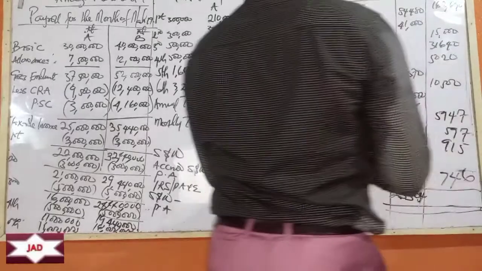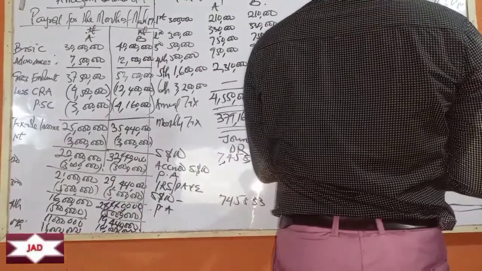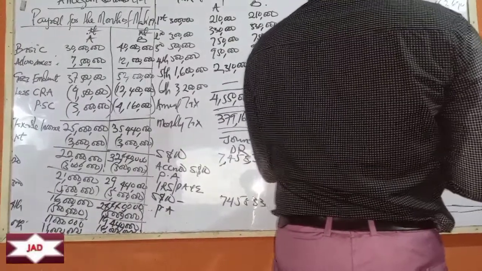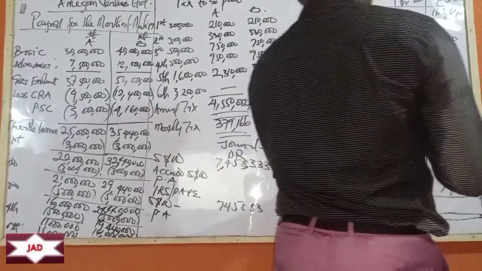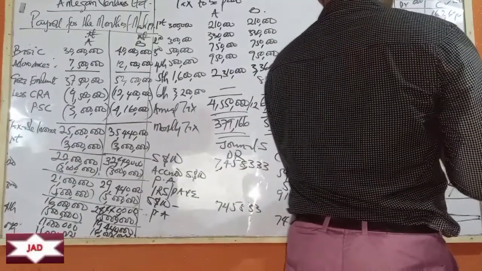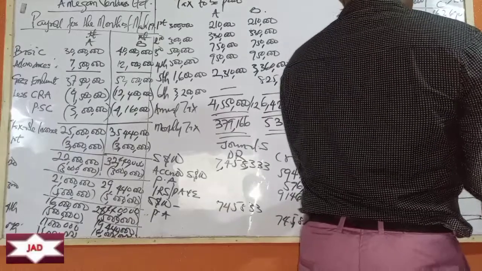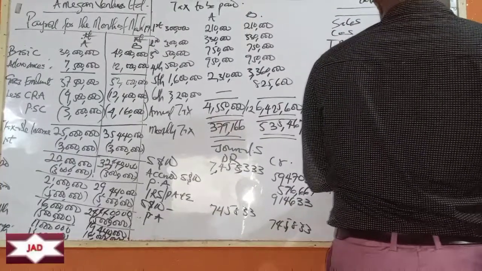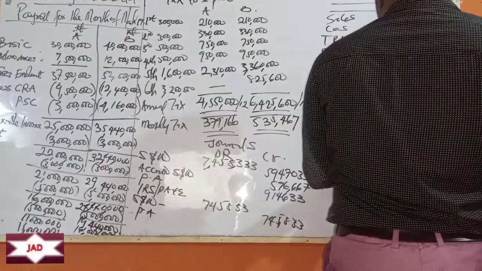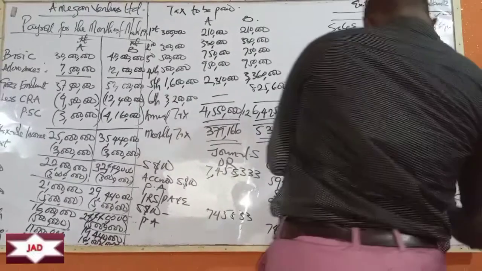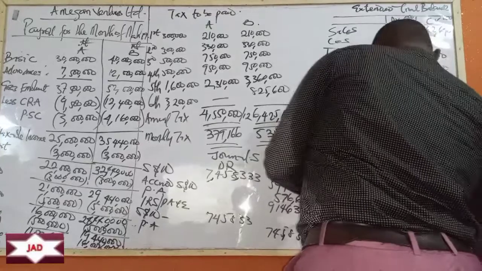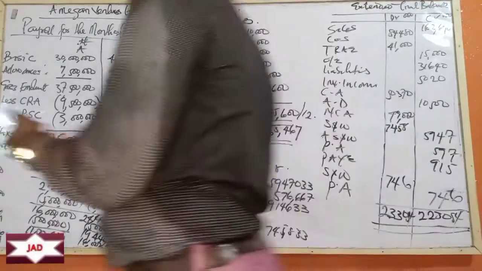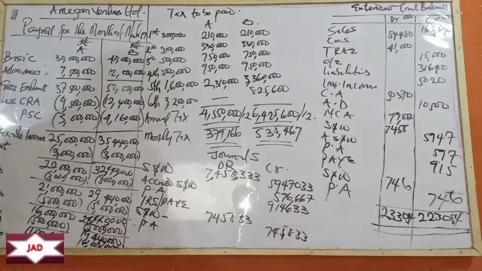We do the same thing here: 224,850 plus 5,947 plus 597 plus 915 plus 746. You have 233,054 approximately.